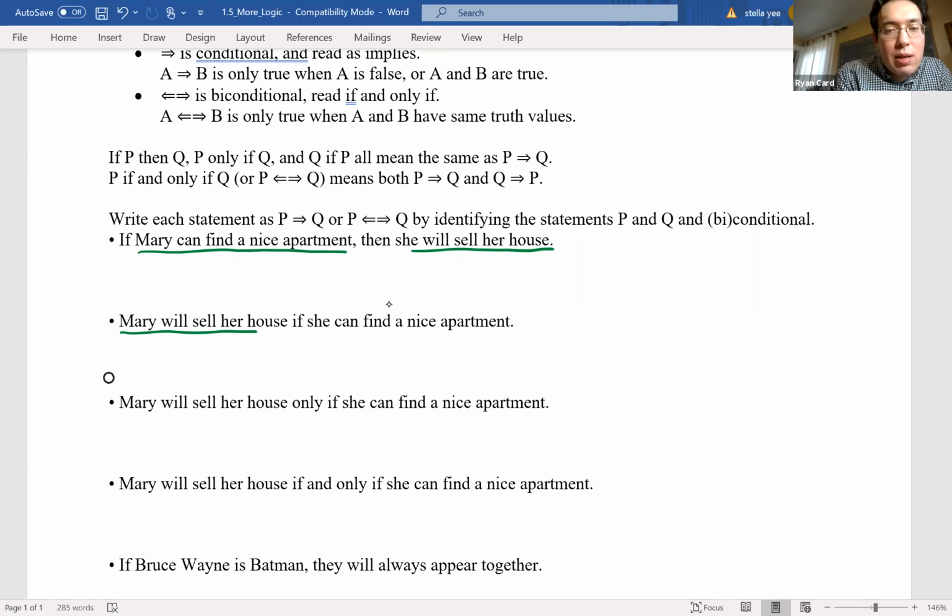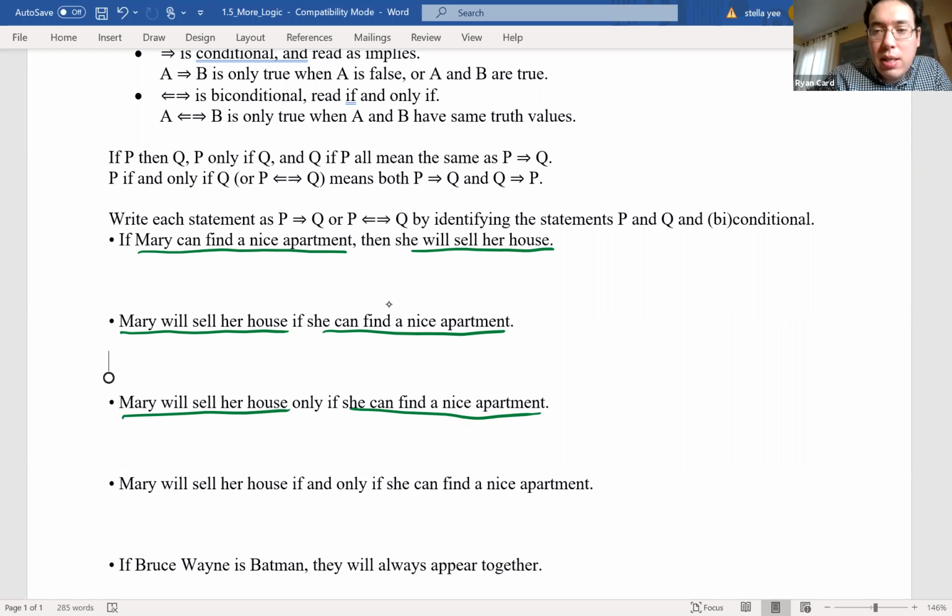Mary will sell her house if she can find a nice apartment. And Mary will sell her house only if she can find a nice apartment. All three of those sound very similar, but they don't all mean the exact same thing. So let's name some of these statements.